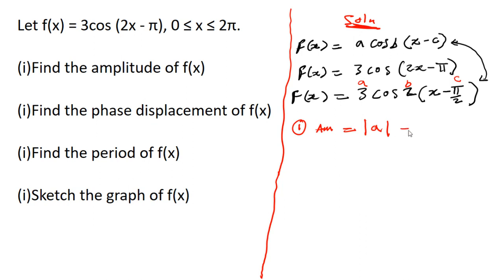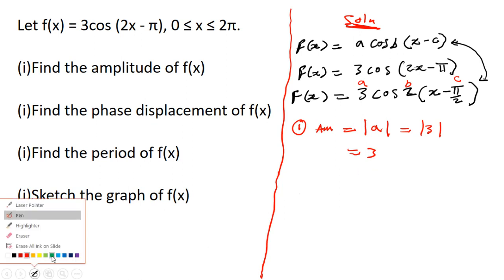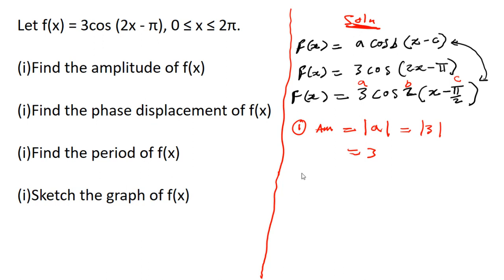So the modulus of a in that case is just 3. So the modulus of 3 is simply 3. So this is our amplitude. So let's quickly look at the next question, which is the phase shift. The phase displacement is just the modulus.